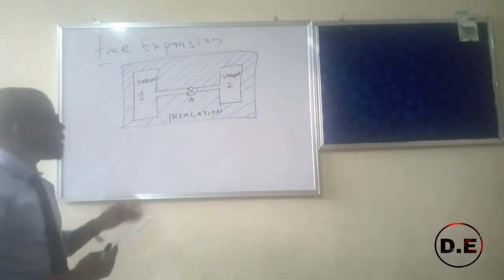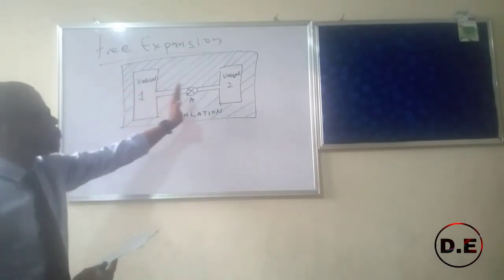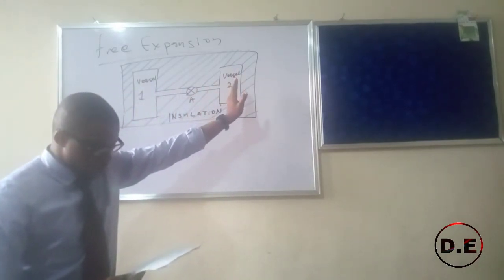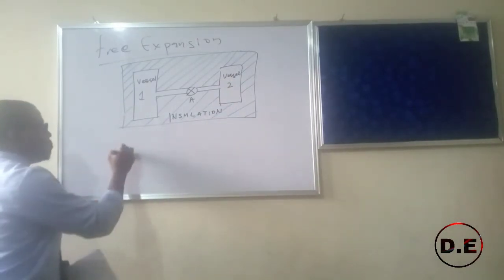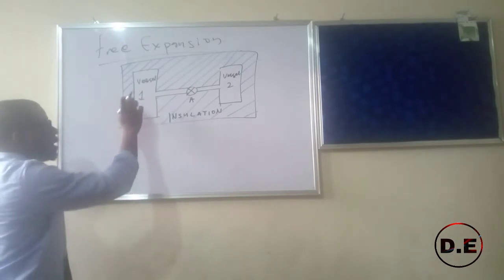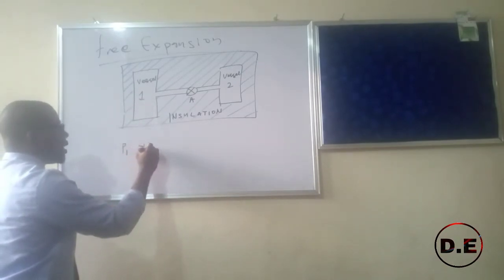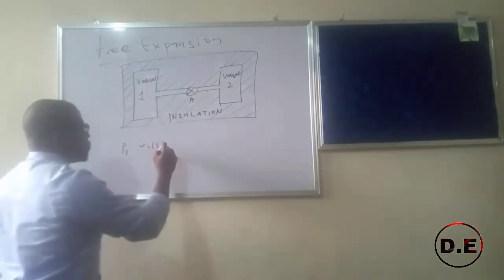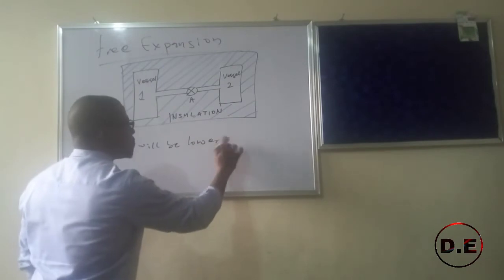Now, if valve A is opened, fluid 1 expands to fill vessel 2. That will imply that the initial pressure P1 is going to be lower.